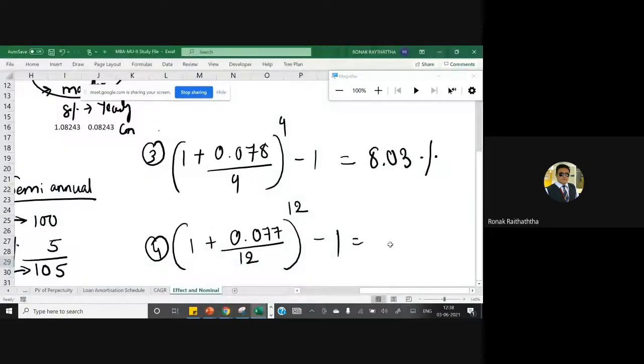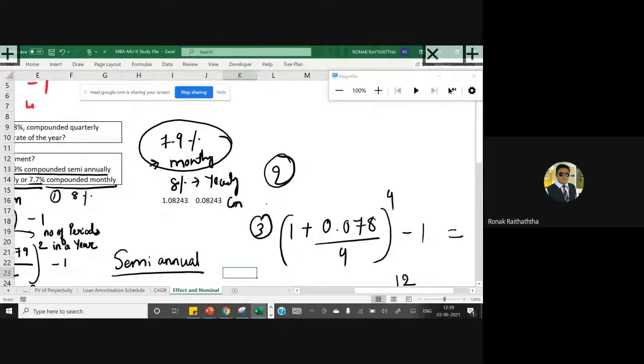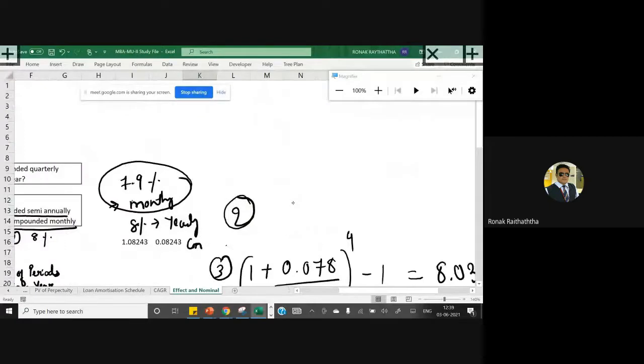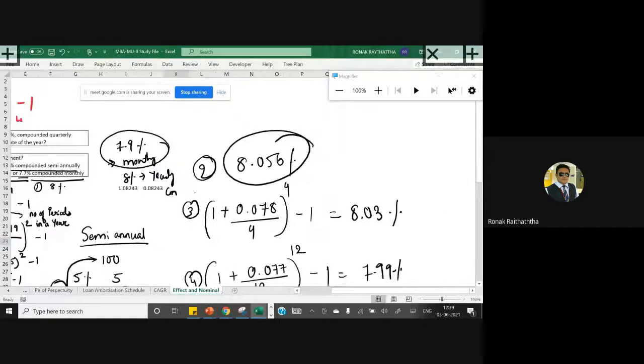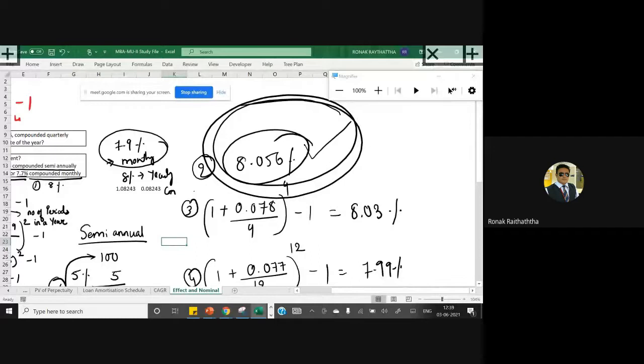Good. 7.99. And for the second one, which was a semi-annual compounding, that was how much, sir? It was 8.056. So which one is the best investment for you? 7.9 percentage compounded semi-annually is a better investment than all given, because over there the effective rate is the highest. That is the conclusion.